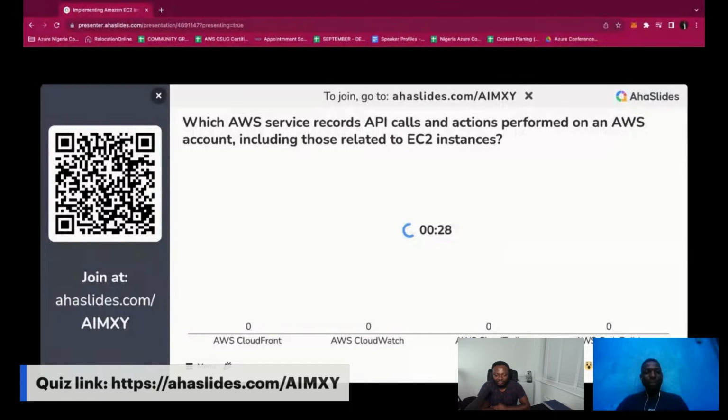Let's see which is the fastest now. Wow, Ladi is the fastest.